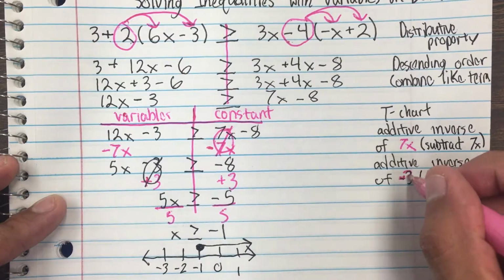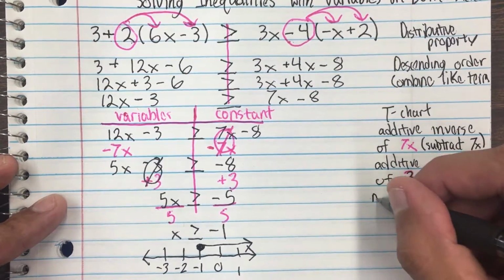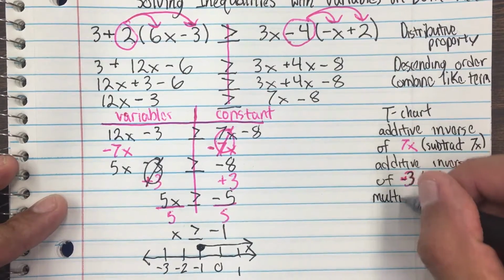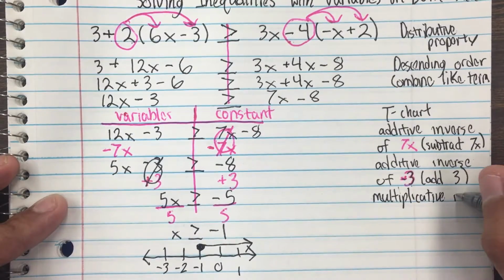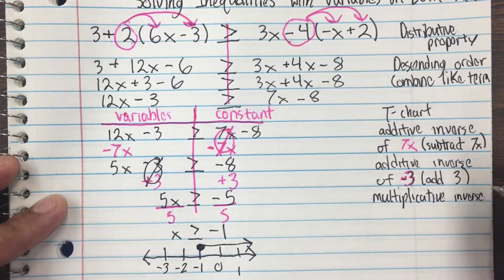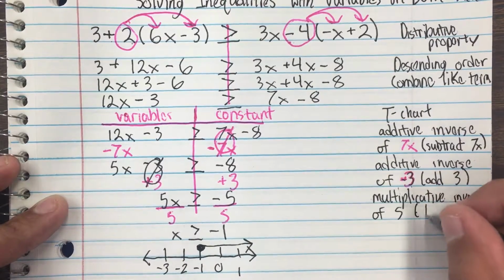Messed up the colors there. Then multiplicative inverse of 5, and we divide by 5.